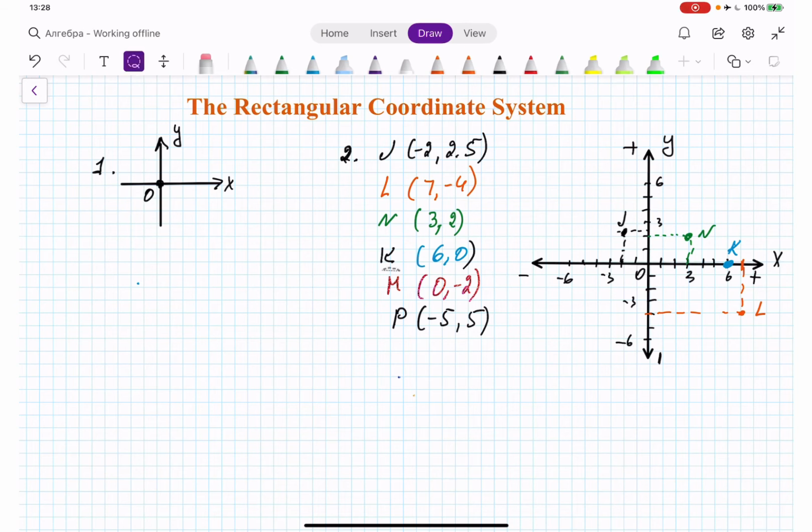M, x is 0 and y is negative 2. So we are coming here, x is 0 and y comes down, negative 2. Here it is. This is our letter M.